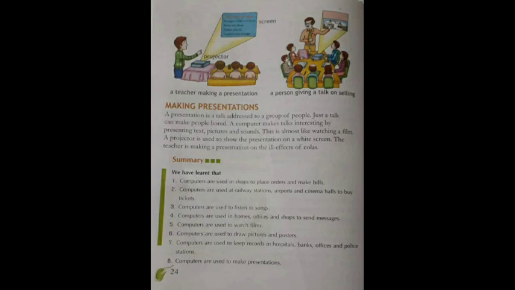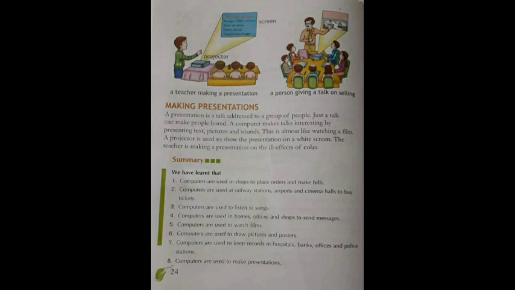What we have learned. We have learned that computers are used in shops to place order and make bills. Number 2, computers are used at railway stations, airports, and cinema halls to buy tickets. Number 3, computers are used to listen to songs. Number 4, computers are used in homes, offices, and shops to send messages.